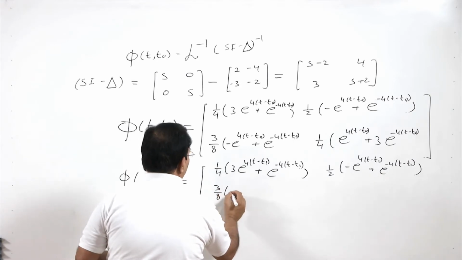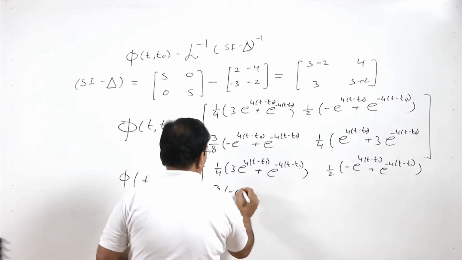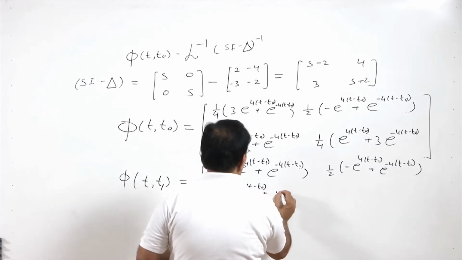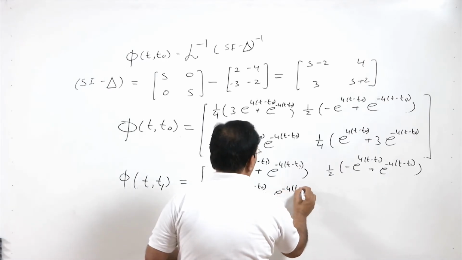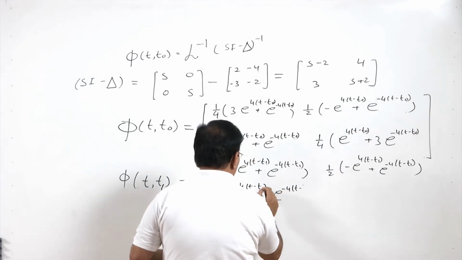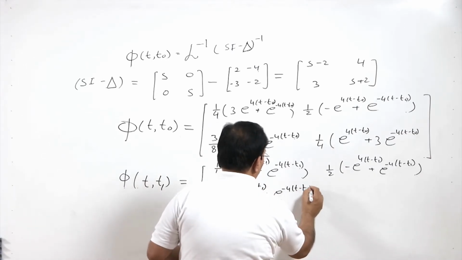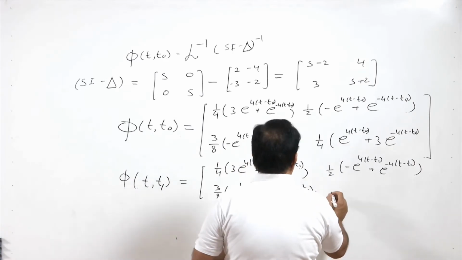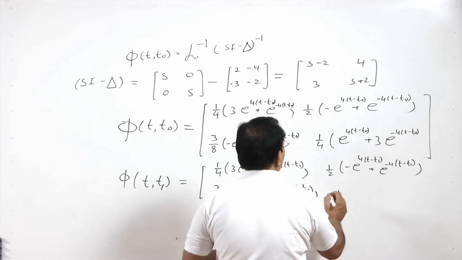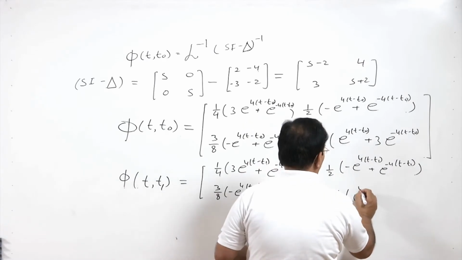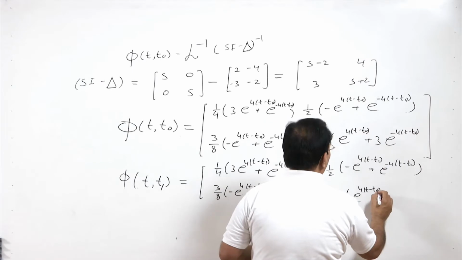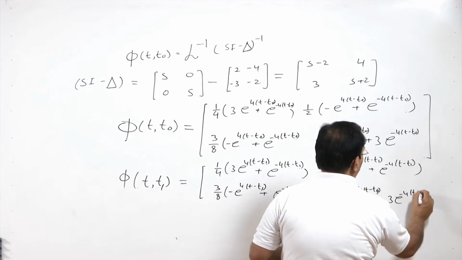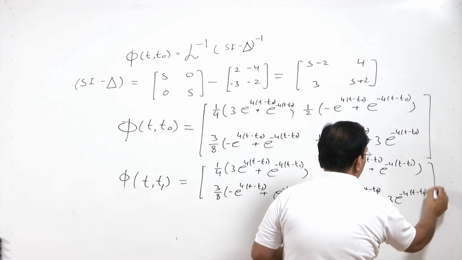3 by 8, minus e to the power 4 t minus t1 plus e to the power minus 4 t minus t1, we are doing t minus t1, and 1 by 4, e to the power 4 t minus t1 plus 3 e to the power minus 4 t minus t1.